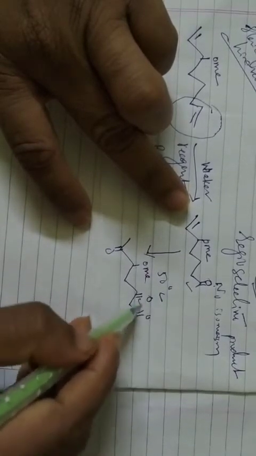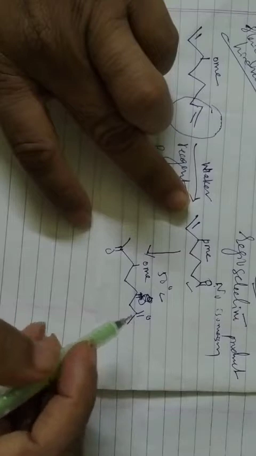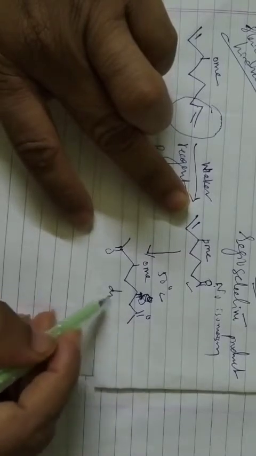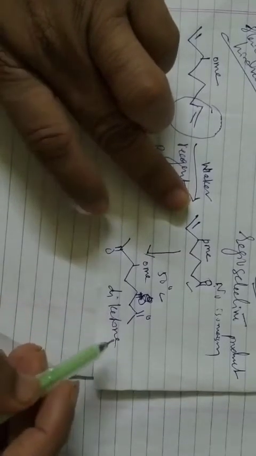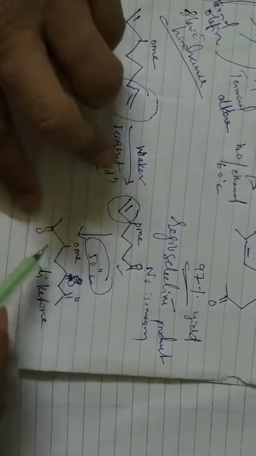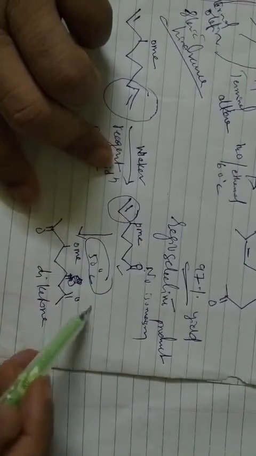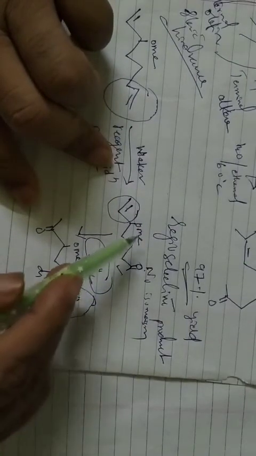So this is what I'm going to get: a diketone. So this is how at higher temperature you can see that this part is also converted to a keto group here, and this part already has a keto group, and this remains as it is.